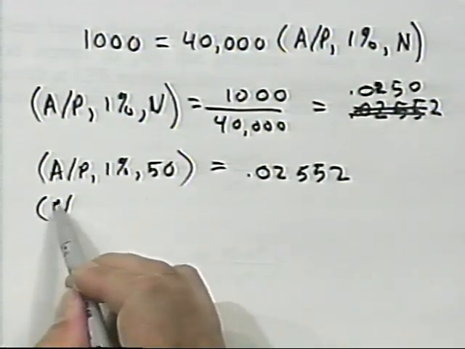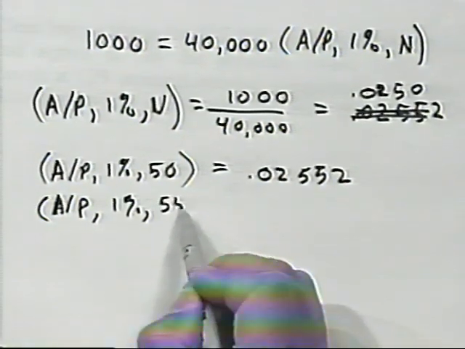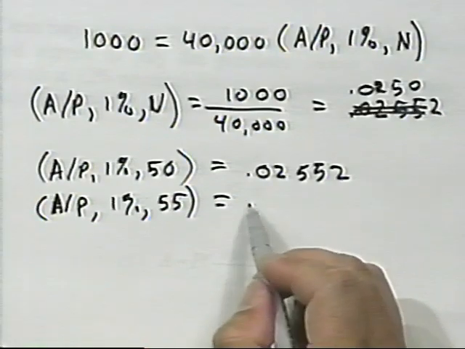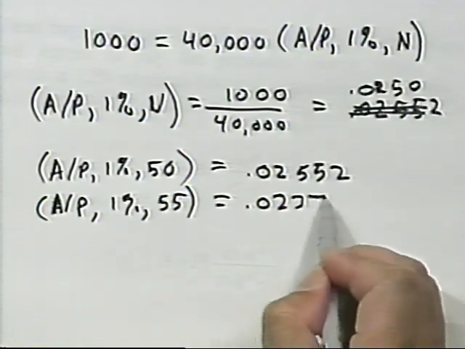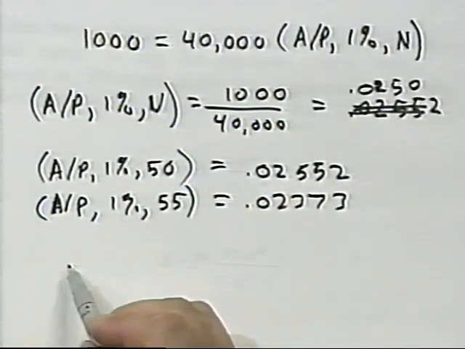And for the capital recovery factor at 55 months, it's 0.02373. Linearly interpolating, we're looking for the n.